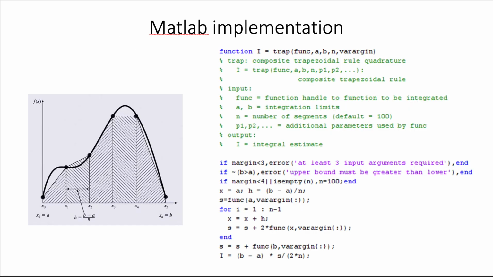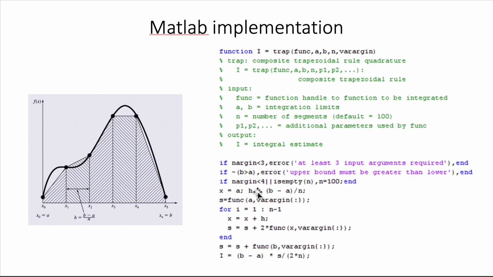So here's what a typical MATLAB implementation looks like. Here's a generic way to write such a function, where you pass the function handle, the left coordinate, the rightmost coordinate, and you say how many regions in between you want to use. In this case, the default for the argument, if you don't pass it, will be 100.